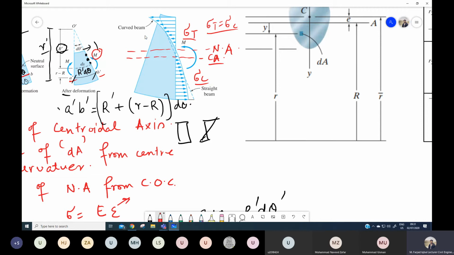So it is possible that the stress above the centroidal axis can be greater than the stress below the centroidal axis. So just to balance these two stresses, or to satisfy this condition, our neutral axis may have to move upward, because for the neutral axis sigma t minus sigma c should be 0. So this is what I was telling you before.